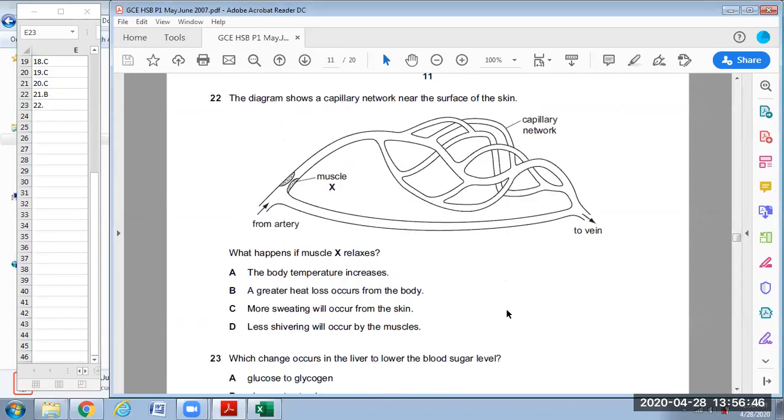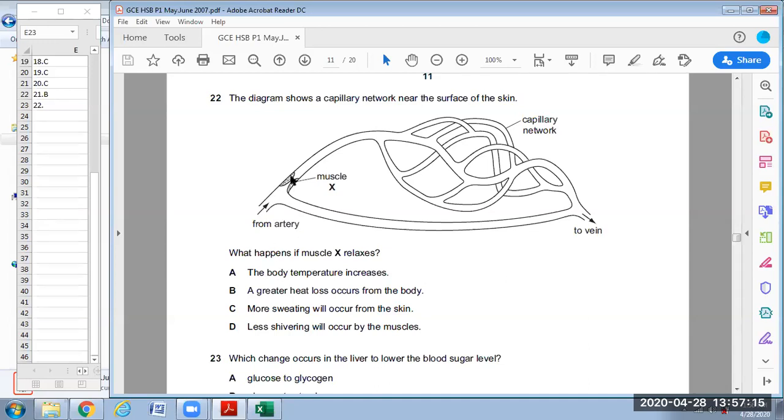The diagram shows a capillary network near the surface of the skin. What happens if muscle X relaxes? All right, so if it relaxes, the muscle itself is going to get flat. Nothing to do with temperature. Hold on, actually, this is looking like vasodilation.